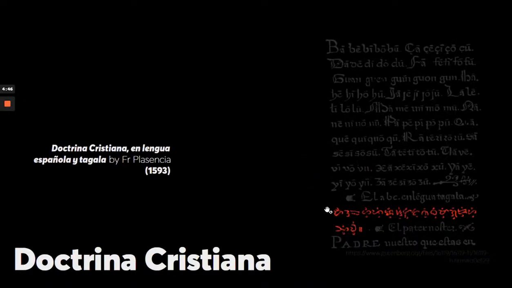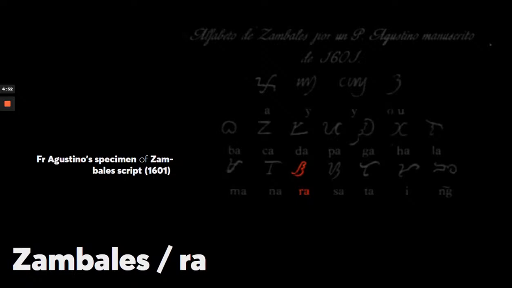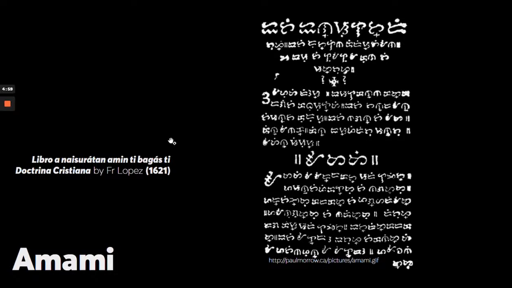In this specimen of Doctrina Christiana, the basic characters are highlighted in red. You also have here the Ra. And we also have here the Cruz Kudlit, where my cursor is.